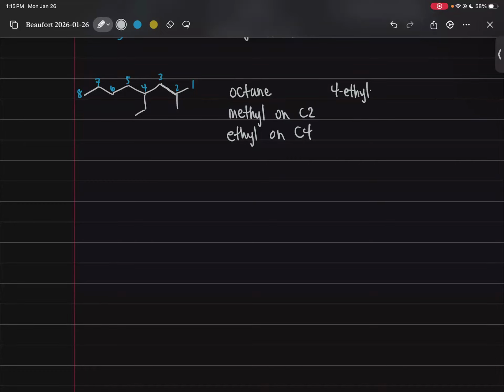So 4-ethyl dash 2 dash methyl octane. 4-ethyl-2-methyl octane. So anywhere we have a number and a letter next to each other, we need a dash.